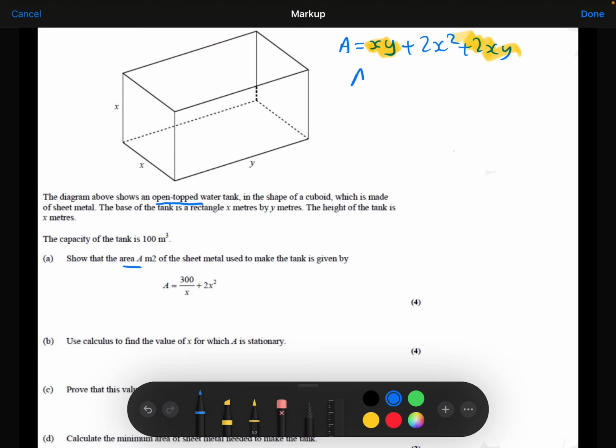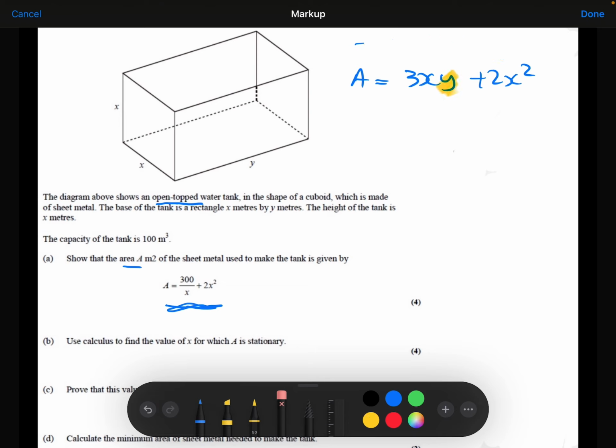So we'll rewrite that as A equals 3xy plus 2x squared. Now that looks a little bit like this, but not quite. I've got a y here, which I shouldn't really have. So let's see what we can do about that y.